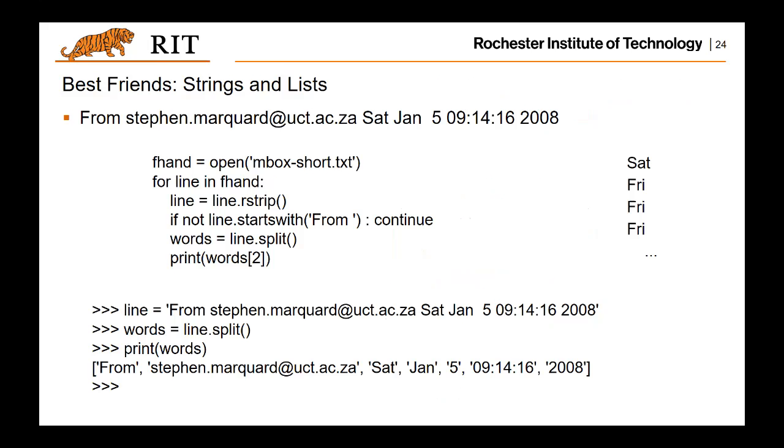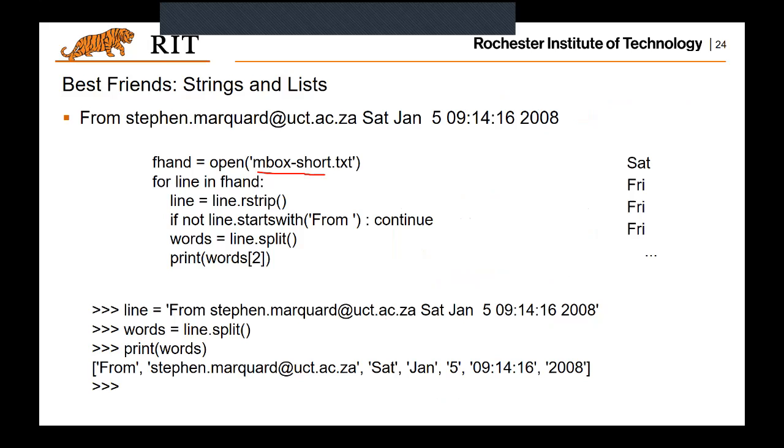So we all have worked with this mbox-short.txt file, right? And that could be some line like this, from an email address and a time.